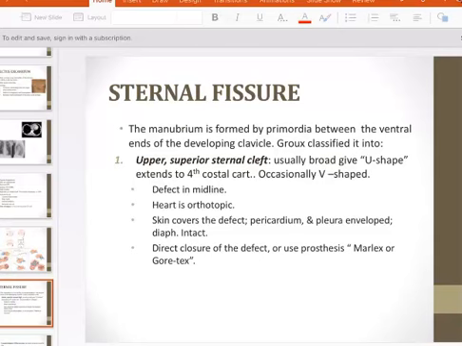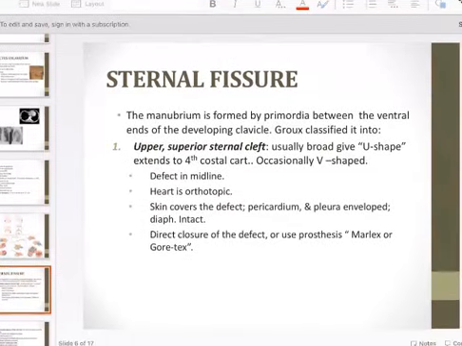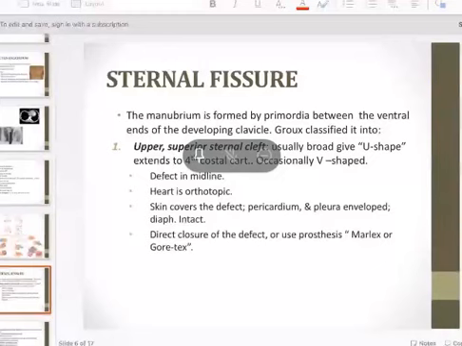The heart is still orthotopic in position, and the skin covers the defect, but the pericardium and pleura are involved. Only the bone is affected; the pericardium is intact, and the pleura developed. Here also the diaphragm is intact.